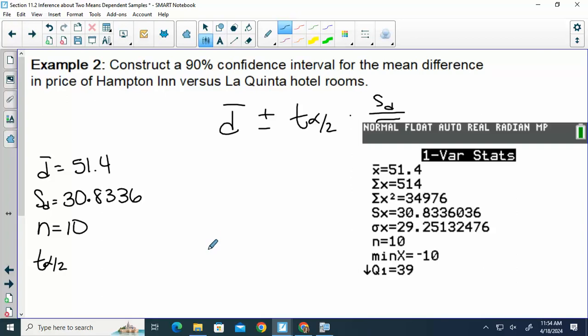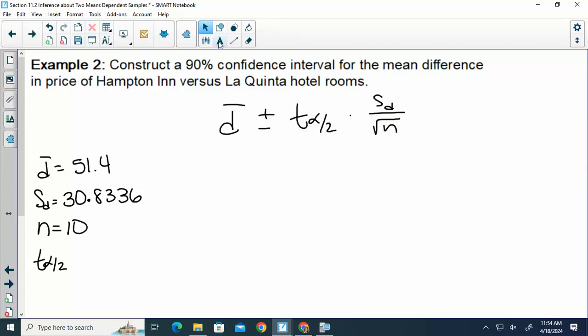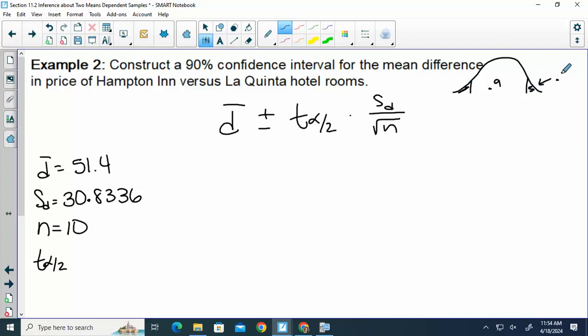Let's talk about finding that. If I am doing a 90% confidence interval, what that means is I need 90% of the data to fall in the middle. That leaves 10% divided over 2 ends, so each end gets 0.05. How many degrees of freedom do we have?